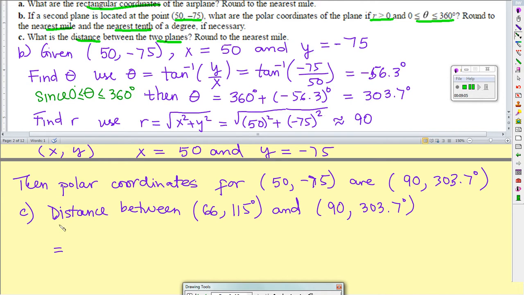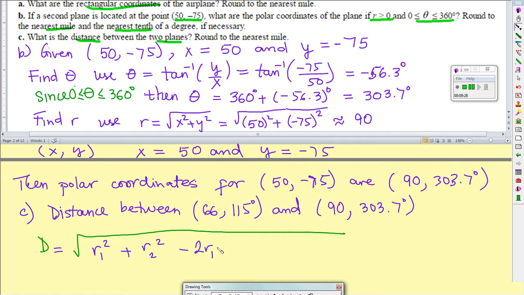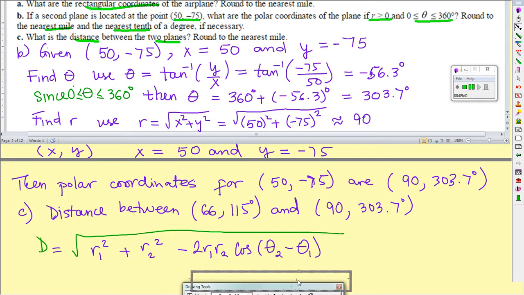Let me use a different letter, I'm going to call this D. D equals the square root of r1 squared plus r2 squared minus 2 times r1 times r2 times cosine of theta 2 minus theta 1. So let's go and substitute now.